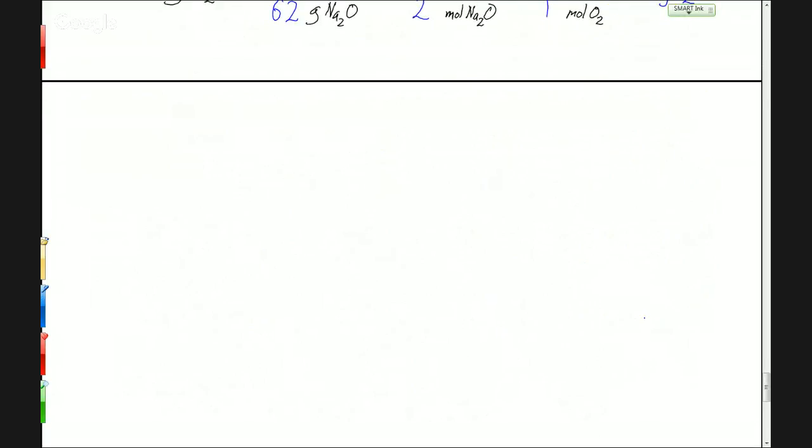All right, let's practice writing one of the equations from lab yesterday. Trying to remember what it was. It was cobalt nitrate in lab yesterday? Yeah, okay.